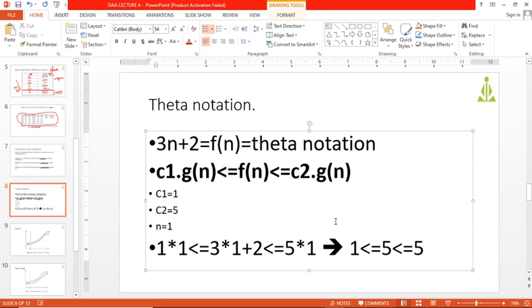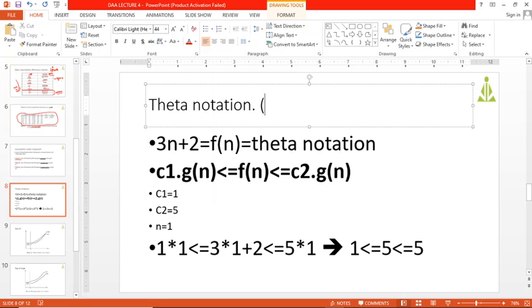So we can say 3n plus 2 equals theta of g of n.